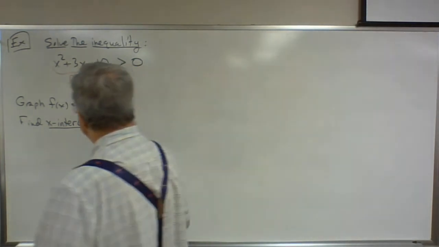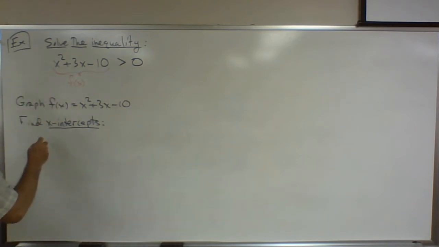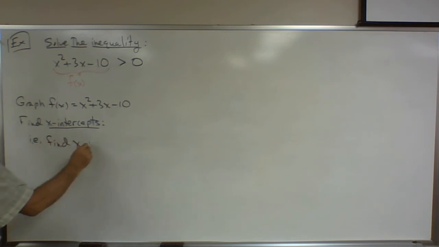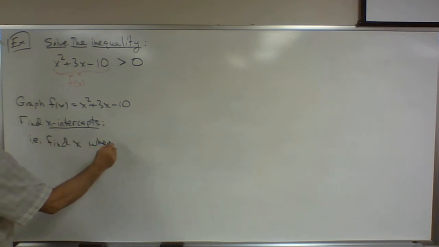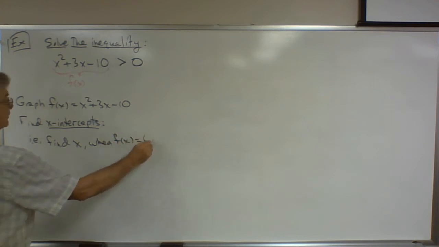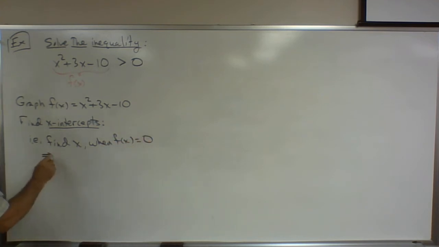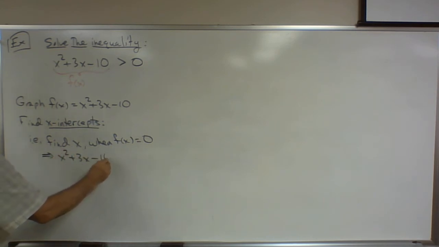So let's see, we want to find x when f of x equals 0. So we want x squared plus 3x minus 10 equals 0.